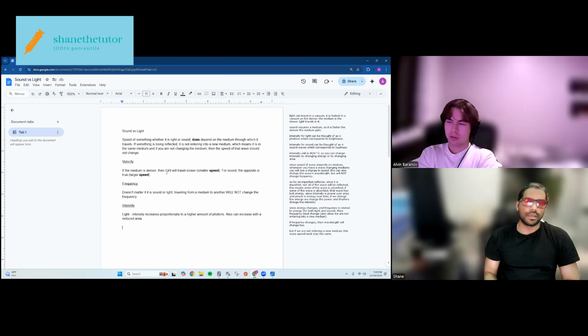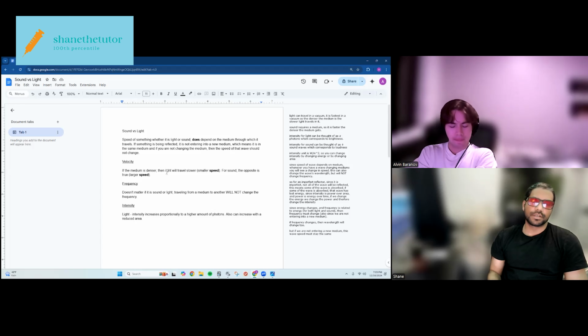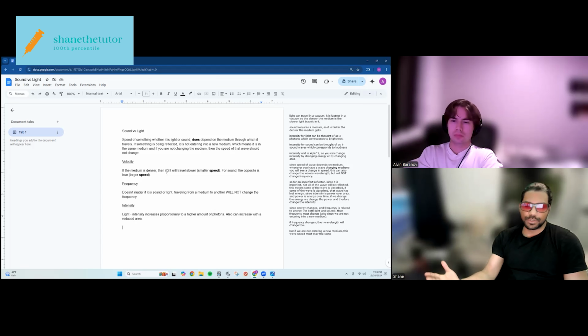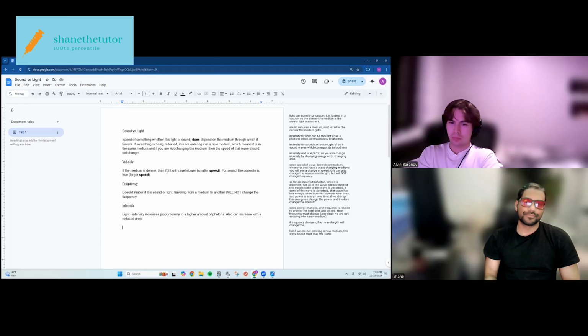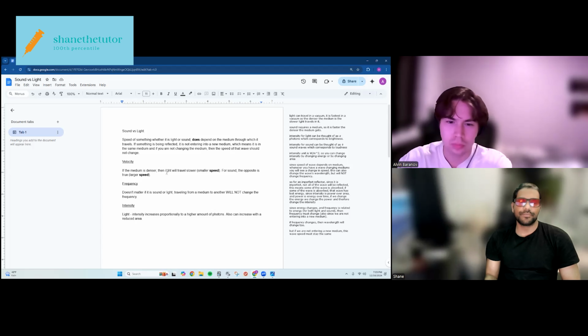Okay, so if you're changing mediums, then frequency will not change. So that's why here, since we are not entering into a new medium, frequency doesn't have to stay the same. So it'll change because we're changing the energy.